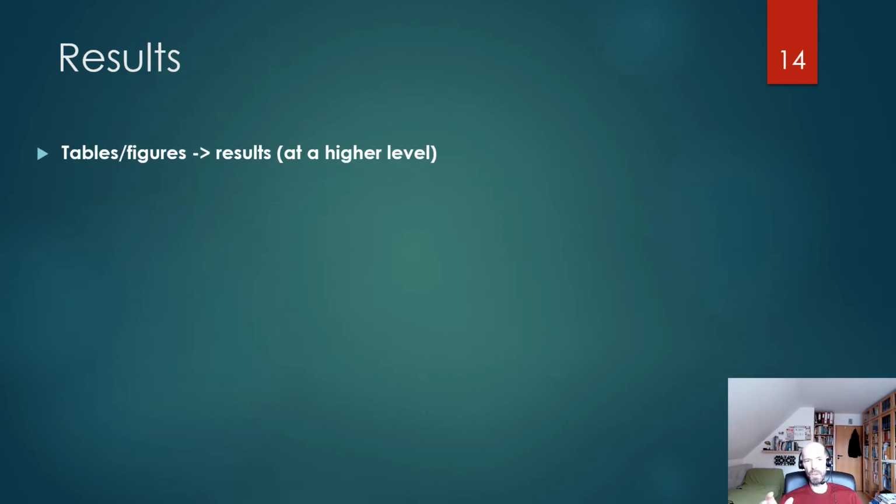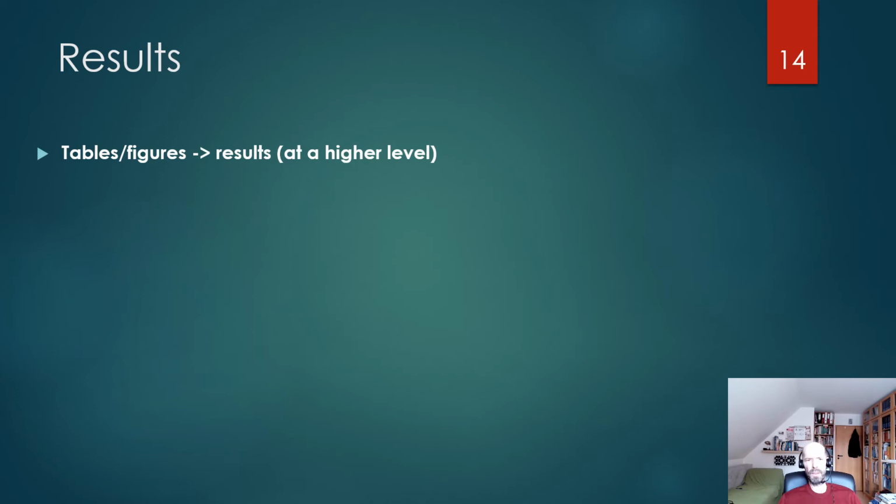So the first thing you need is a complete set of tables and figures that tells your research story clearly and concisely. And then you can move on to writing up the results section. The results section will follow logically from your tables and figures.